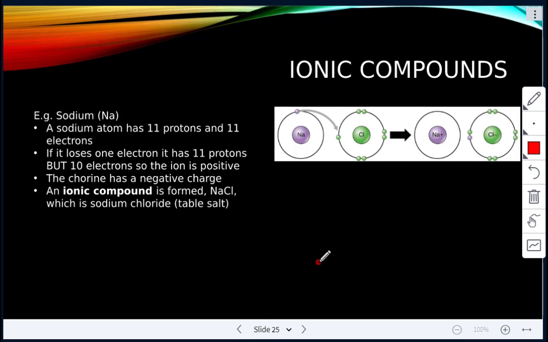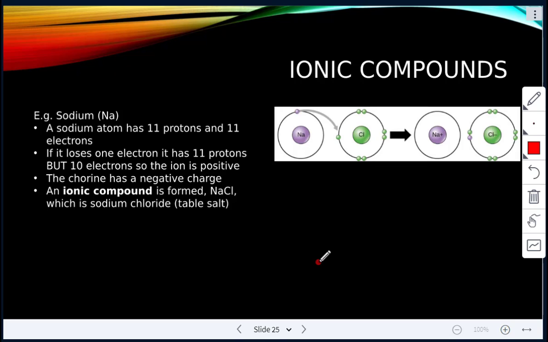So when it loses one electron, it will still continue to have 11 protons because that's what makes it sodium, but it will now have 10 electrons. Because it lost an electron, it now became one positive. If you look at the periodic table, you'll see Na+, meaning Na has a 1 positive charge.